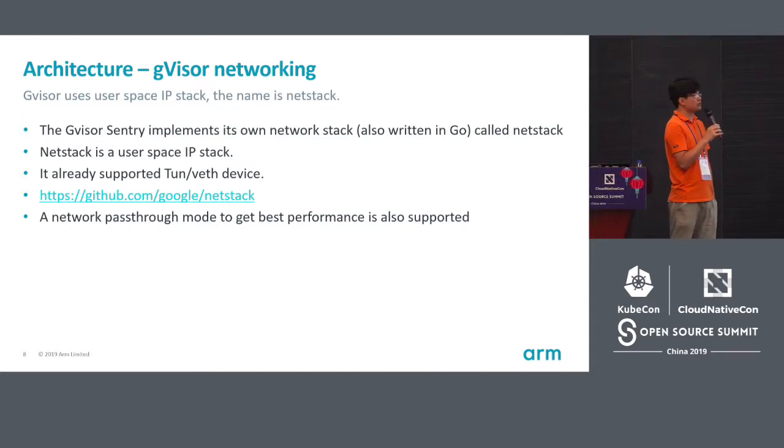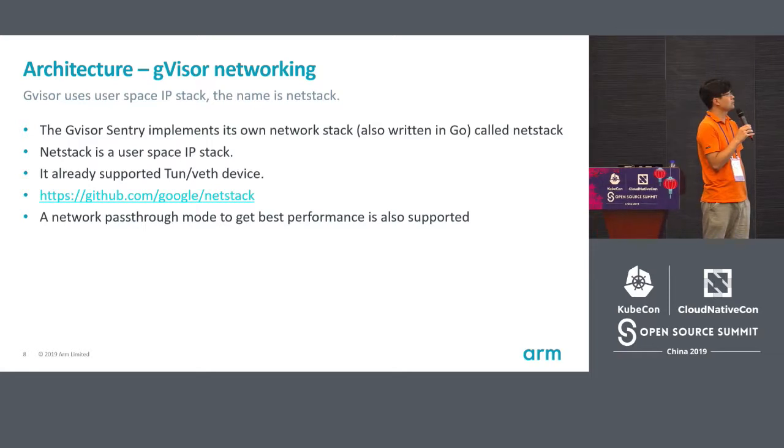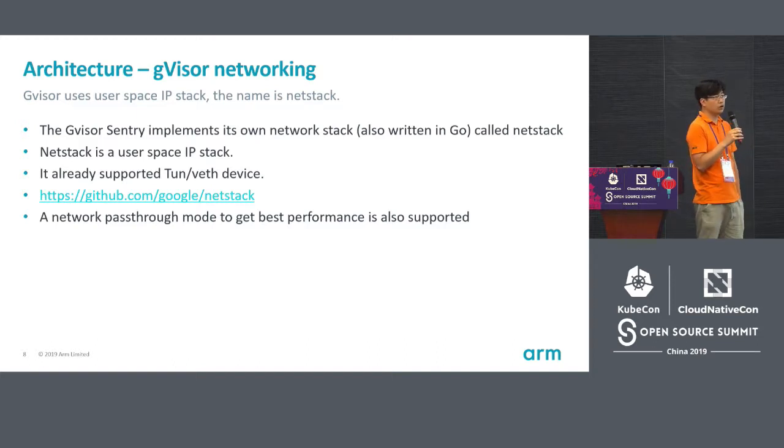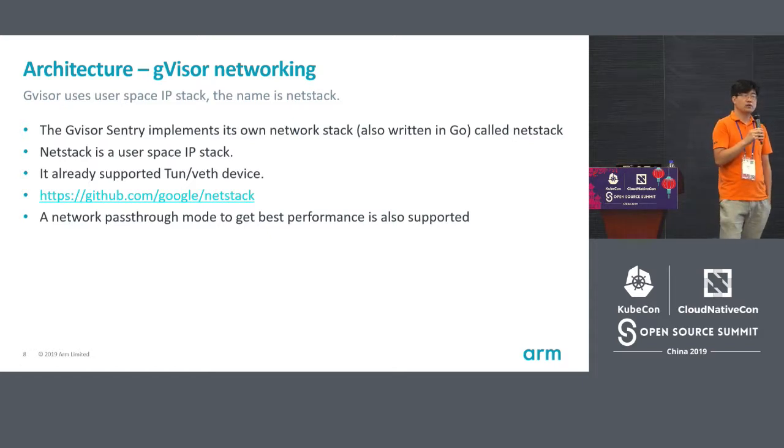For the gVisor networking, it is also very powerful. So the core thinking is to intercept the syscalls. That means how to deal with the network stack. gVisor has provided a user space IP stack.